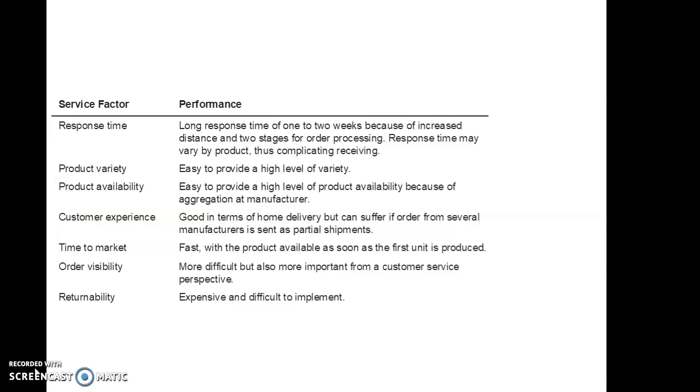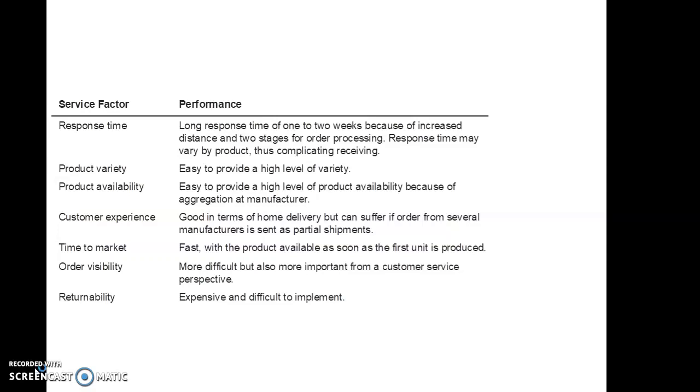The response time may also vary by product. The next service factor is product variety. It is very easy to provide a high level of variety because the total inventory is held at the manufacturer side, and also the product customization is postponed to the manufacturer. The third service factor is product availability.